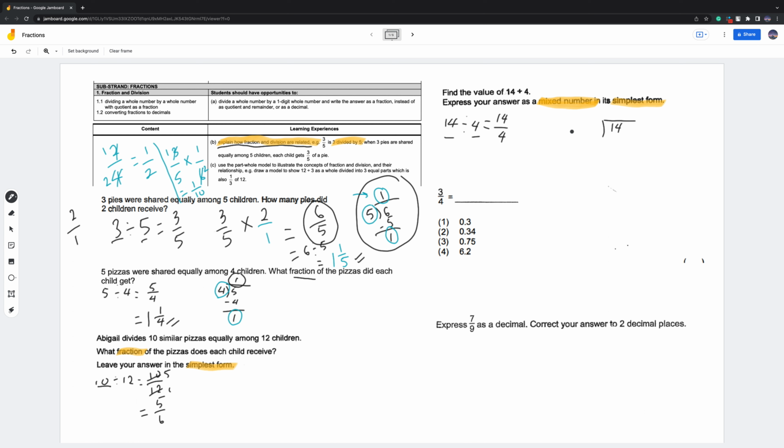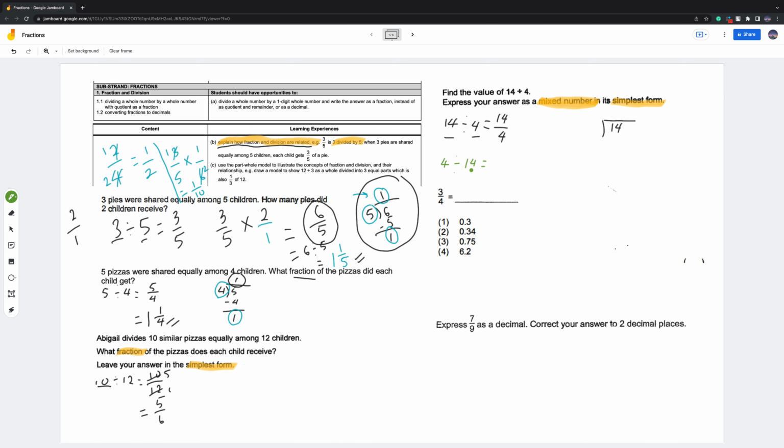Another common mistake that students always make is they tend to put the wrong number inside and outside, especially if the question looks something like this. Let me give you an example here. In green, 4 divided by 14.